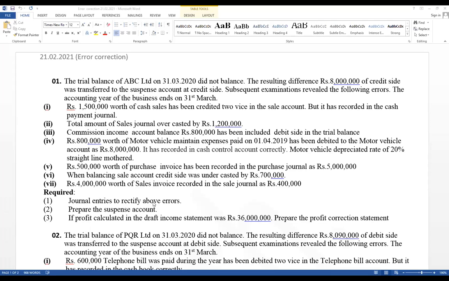Normal requirements: error correction should be recorded in the general journal. Some errors affect suspense accounts, some errors do not. First one, think about the accounting process. When a business is going to prepare financial statements, all the information from the beginning should be collected by using source documents.